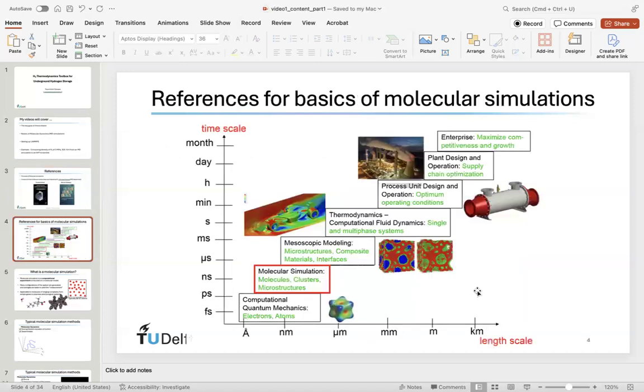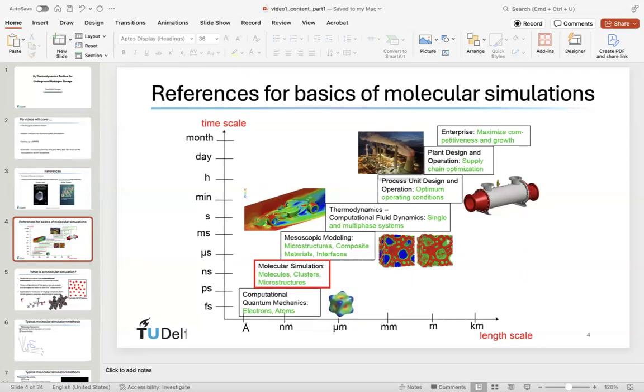All right. So to put the entire thing into perspective, I will tell you in which domain molecular simulations are broadly placed. On the y-axis, you have the time scale, and on the x-axis, you have the length scale.